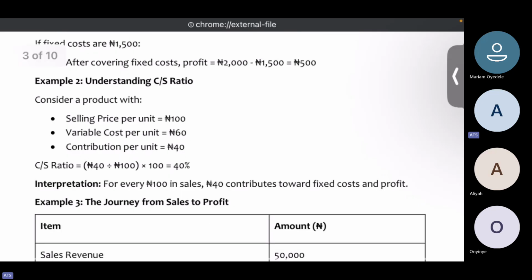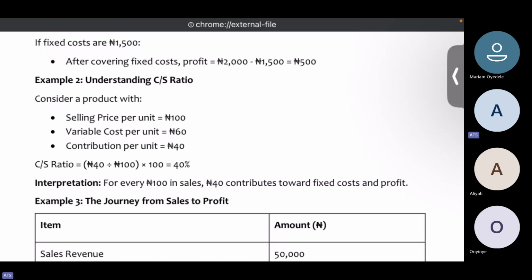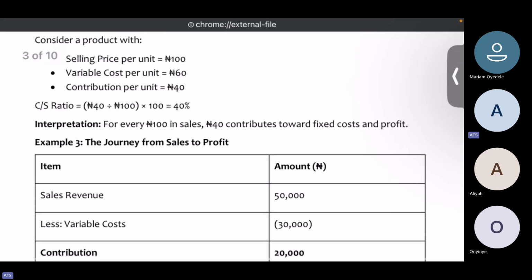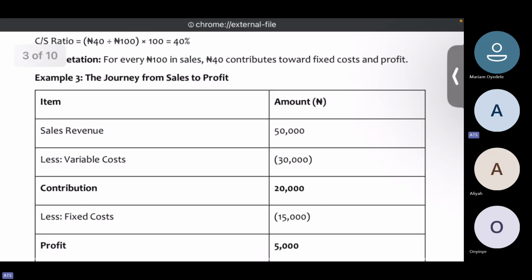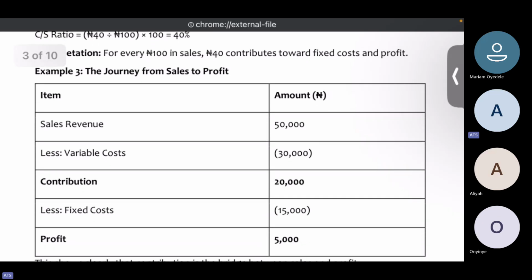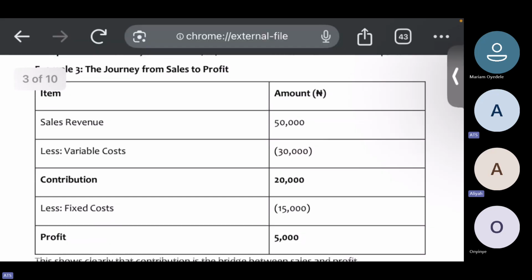So what I was explaining the other time is what percentage of your selling price. Out of that selling price of 100 naira, it is only 40 naira you can contribute towards fixed costs. Do you understand? The interpretation of this is that for every 100 naira in sales, 40 naira contributes towards fixed costs.